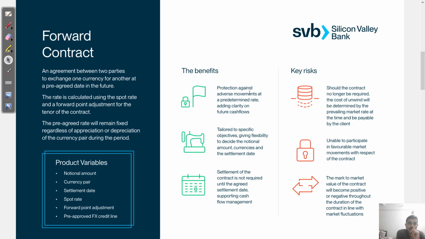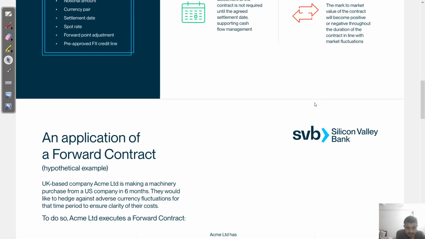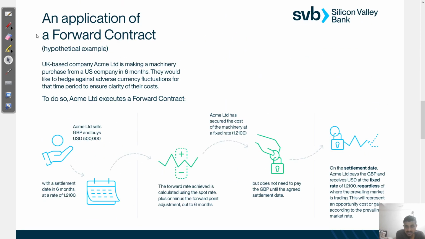That means if you want to buy 1 USD, you have to shell out 82.7 INR. Forward point adjustment is the pre-approved adjustment, meaning how many points are adjusted on the settlement date. So let's understand more about the forward contract with the help of an example.